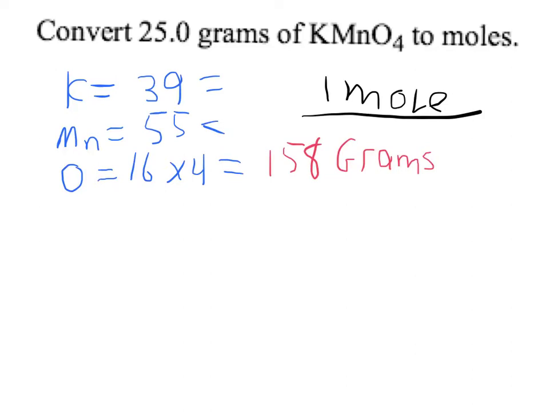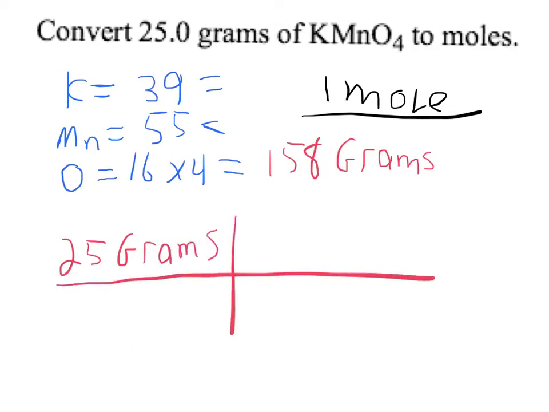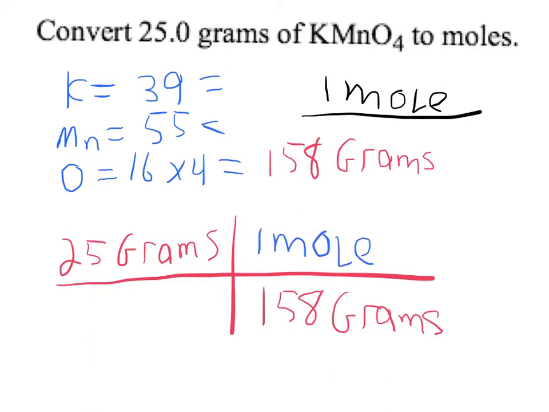So again, start with your starting units. We're starting with 25 grams. Then you write your same unit below with our conversion factor: 158 grams is equivalent to 1 mole. That's our desired unit.